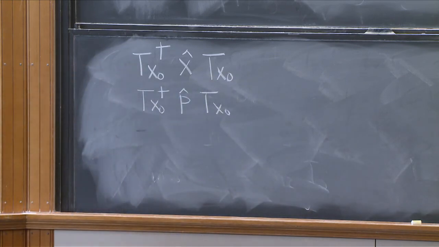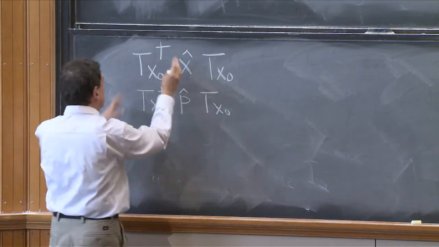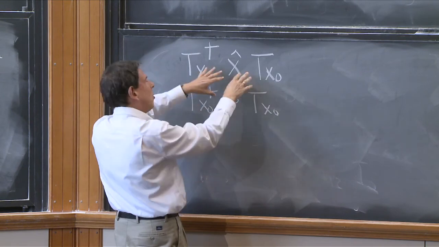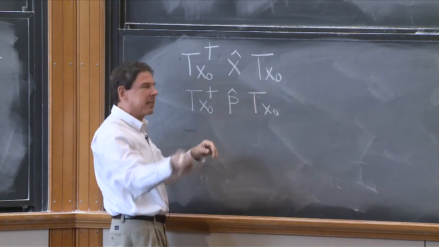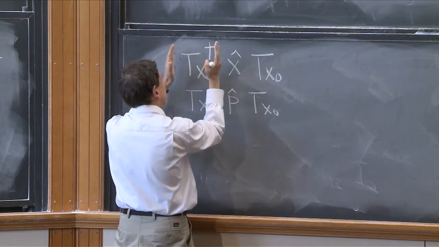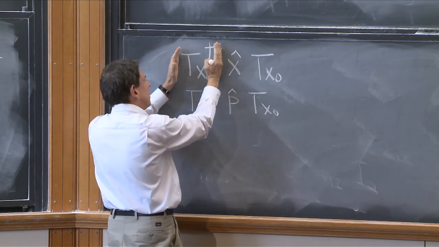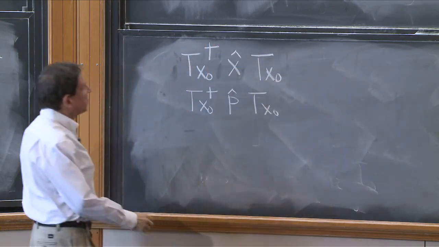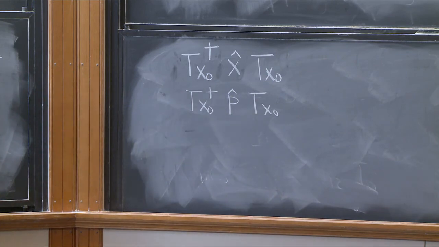Now, why do we ask for these particular things? Why don't I ask what is x hat multiplied by T(x0)? It's because an operator acting on an operator always does this: you put it here with its inverse. It happens to be unitary, so you put the dagger, and you put the operator here. And this is the right thing to do.